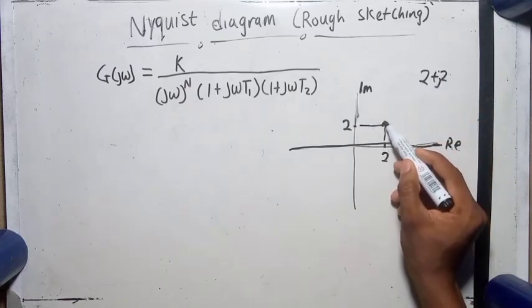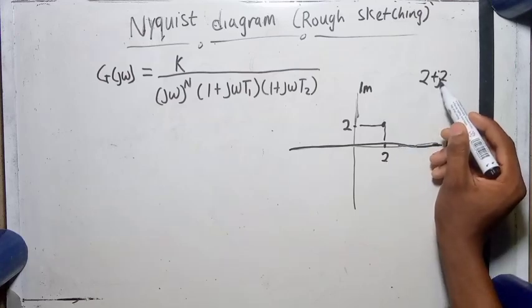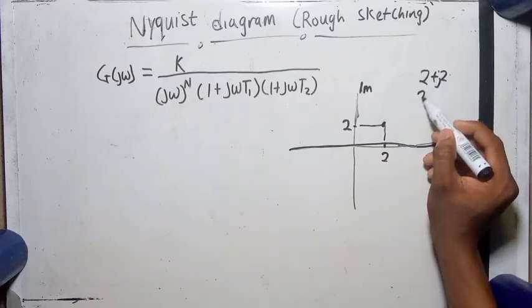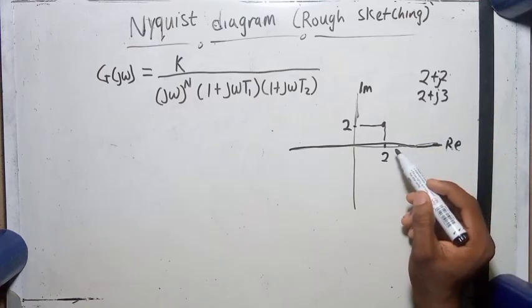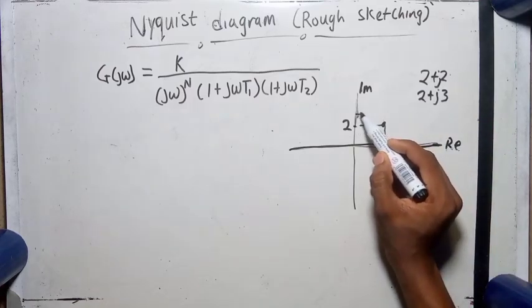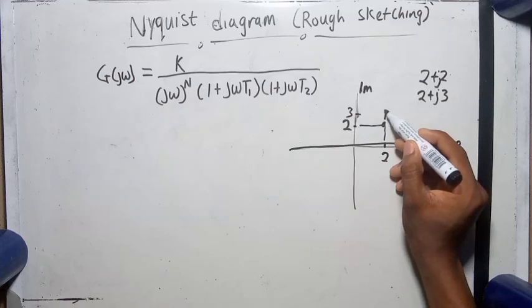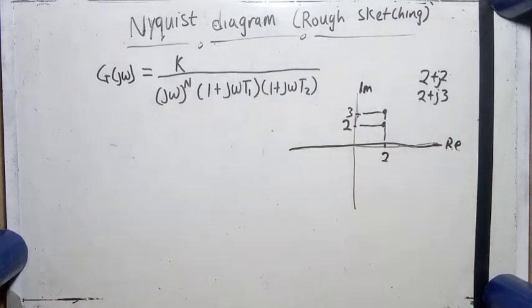Then you join the 2 of them. This is a representation of this. So in case we're given 2 plus imaginary 3, it's going to be here, 3. This point. Graph. So that's for Nyquist diagram.